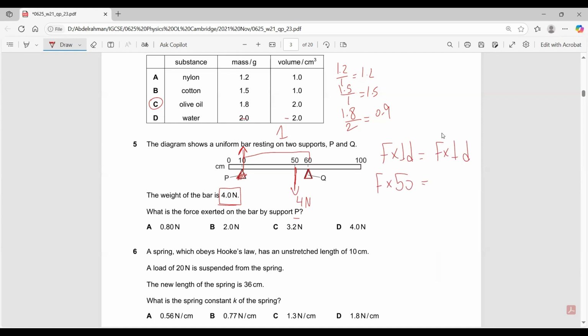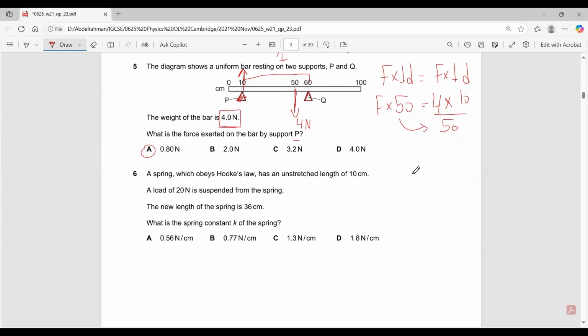And the other force is 4 newtons times the distance from 50 to 60, which is 10. 4 times 10 is 40 divided by 50, which is 0.8 newtons. Again, how did I solve it? By assuming that there is no support at P and that the only pivot is at Q. Then you can solve the question.